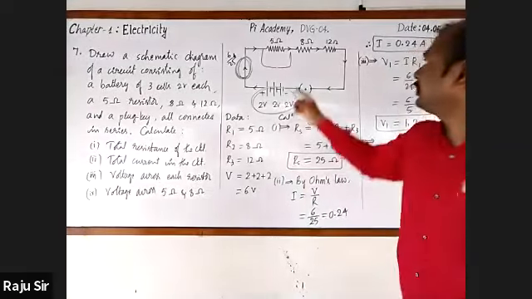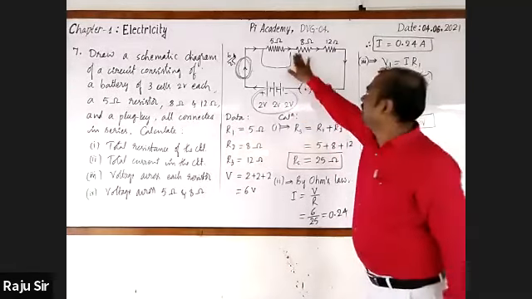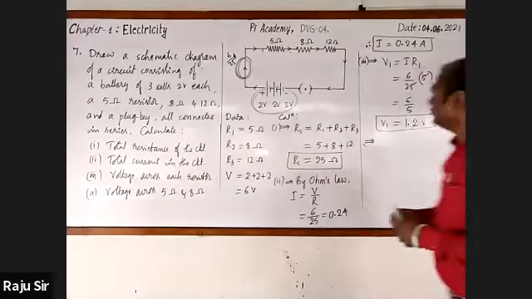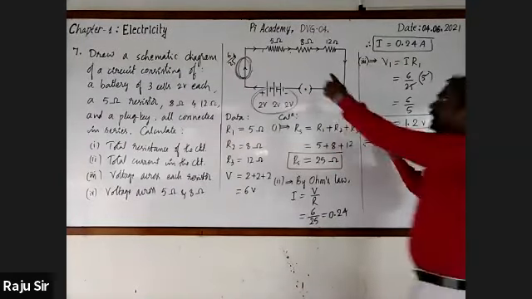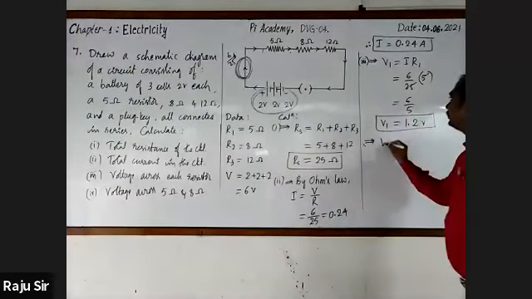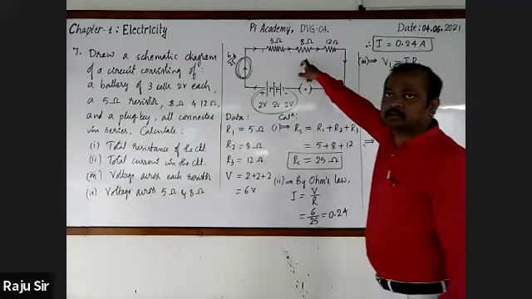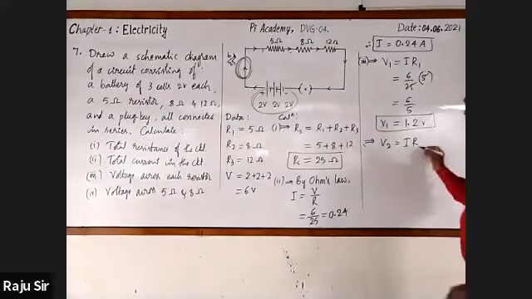Similarly, we can also go for finding the voltage across 8 ohm. Same formula. Voltage across 8 ohm is V2, I into R. Current is the same, and the electric resistance of the second resistor is R2.